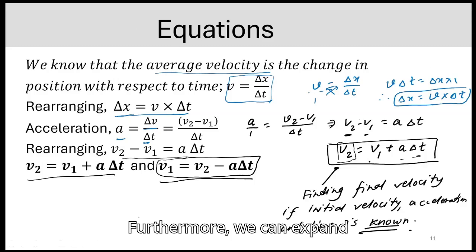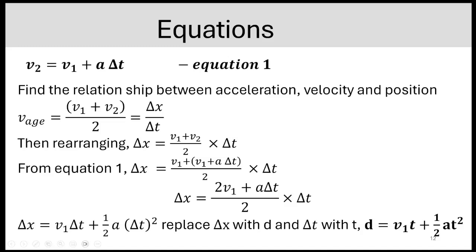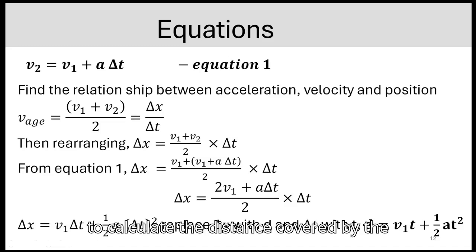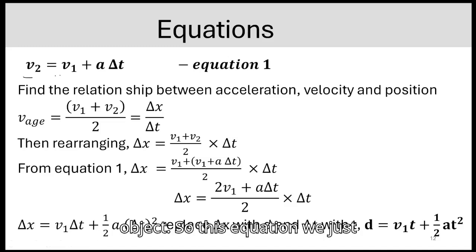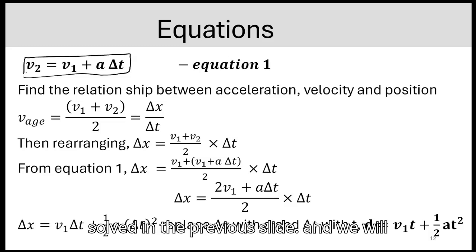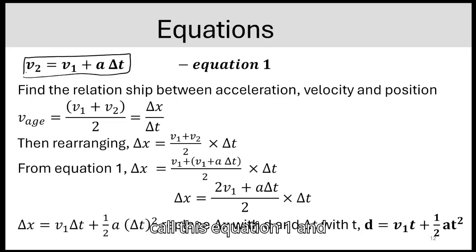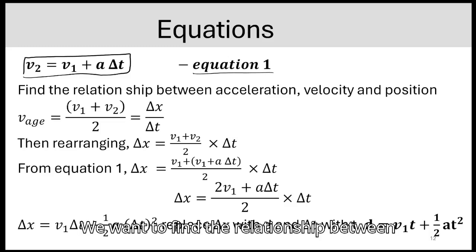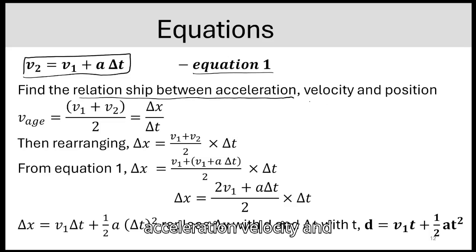And furthermore, we can expand this relation to calculate the distance covered by the object. So this equation we just solved in the previous slide, we will call equation 1, and we want to find the relationship between acceleration, velocity and position.